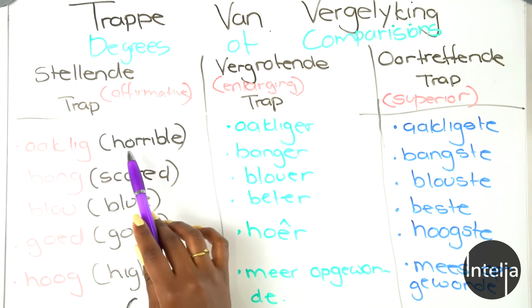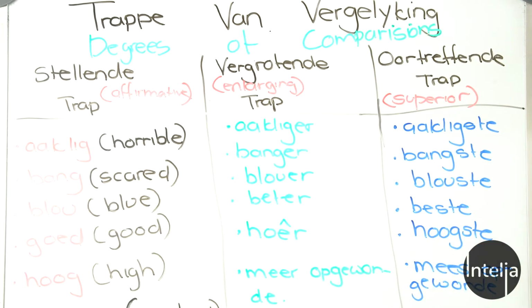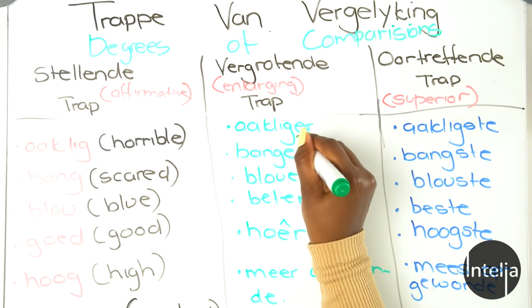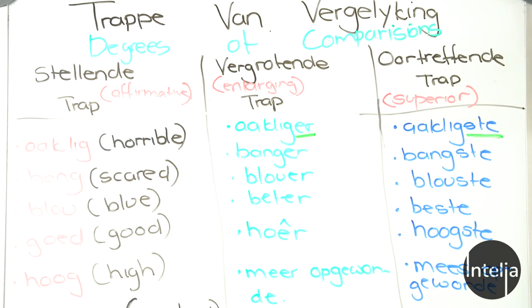Aklig, akliger, akligste. So what I want us to take note of is the degree. What are we doing? We are adding ER and STE. Not just ST, but STE in order to show our degree of comparison.